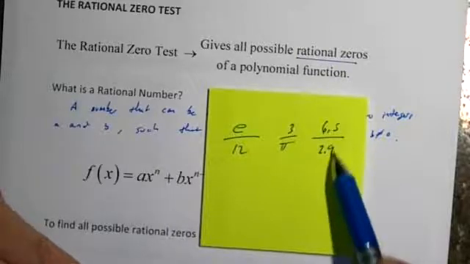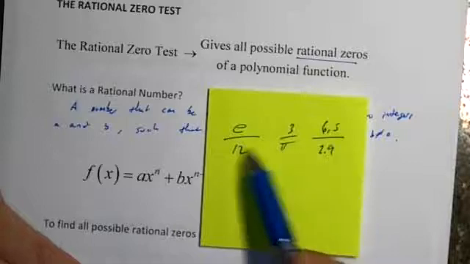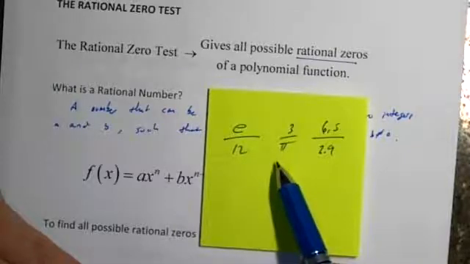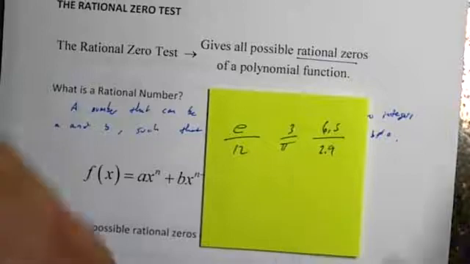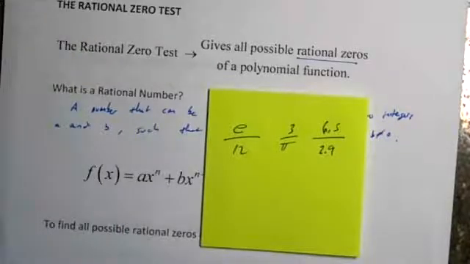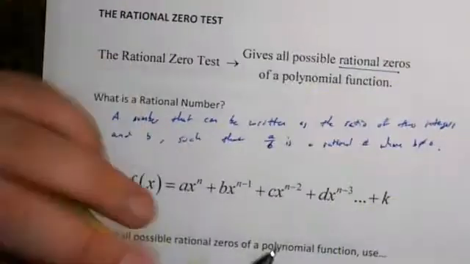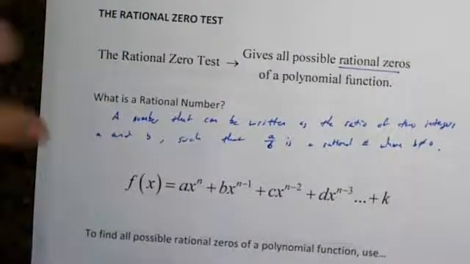That's a complex fraction. These are fractions, but they're not rational numbers. All right, so that's why I didn't just say any number that can be written in terms of a fraction. No, it's any number that can be written as a ratio of two integers.